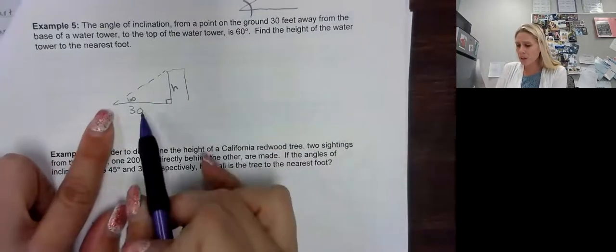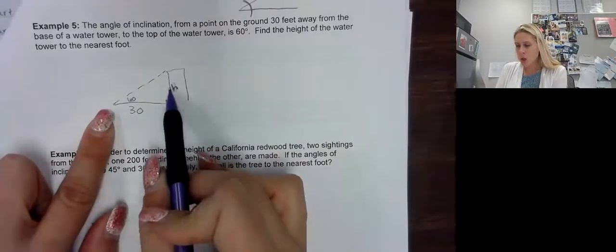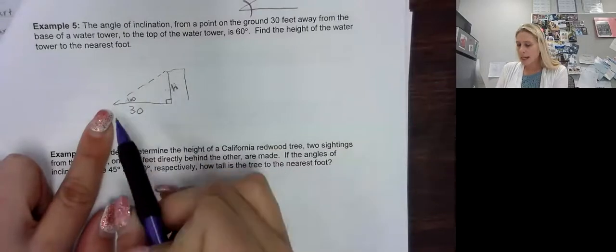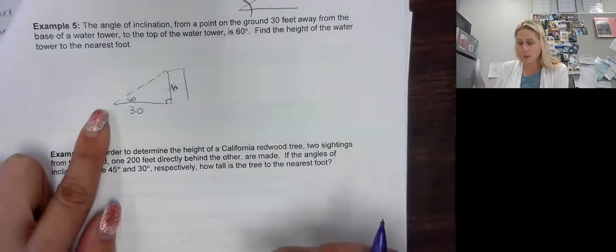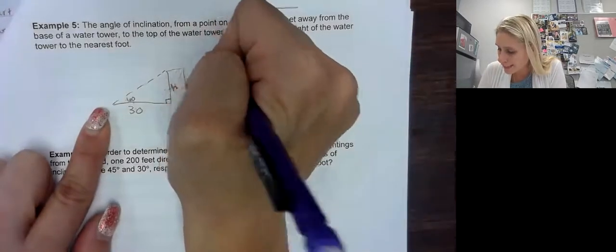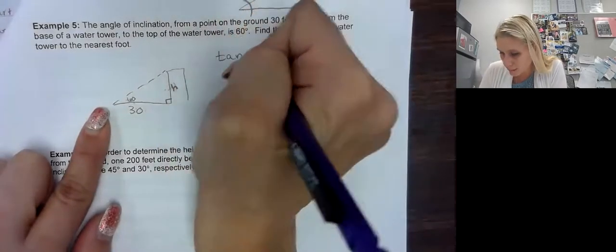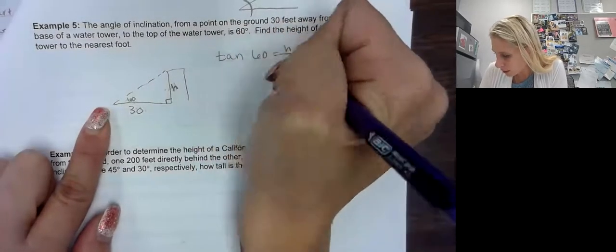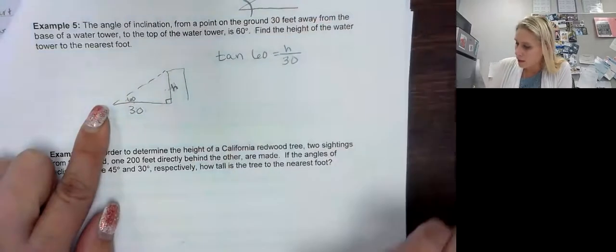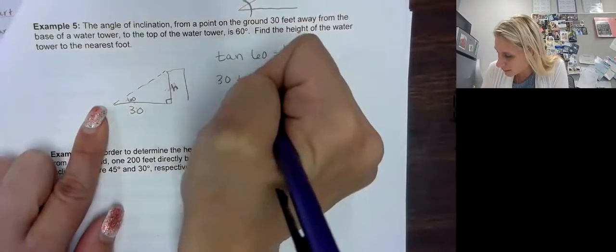So now if you look at this, if we're trying to find h, which is the opposite, and we are given 30, which is the adjacent, what trig function are we using? We are using tangent. So tangent of 60 equals h over 30. All right, so that's 30 tangent 60.